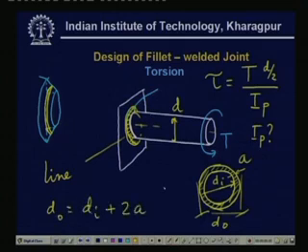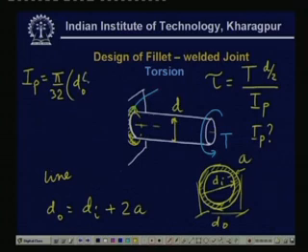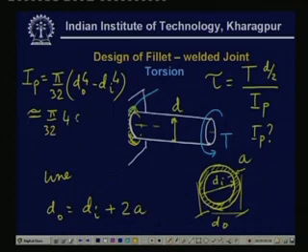Now, if you calculate the polar moment, then IP will be equal to pi by 32 times do^4 minus di^4, and if you consider a to be very small, then this is approximately equal to pi by 32 times 4 d cubed times 2a.